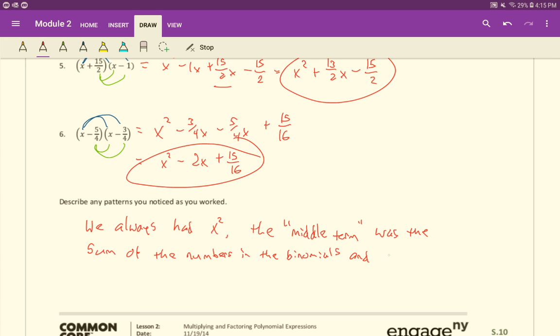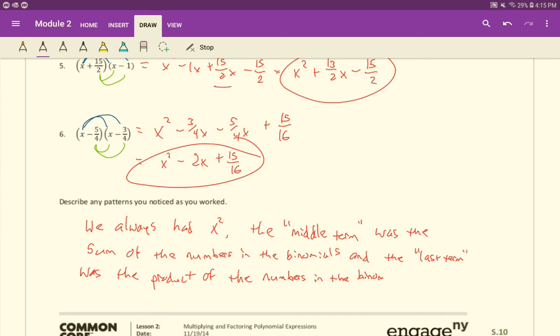And the last term was the product of the numbers in the binomials.